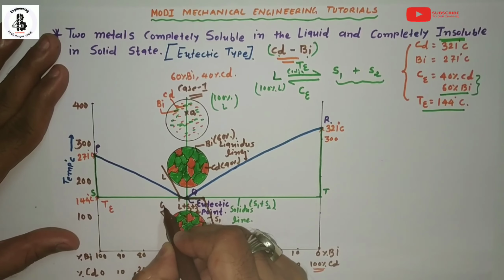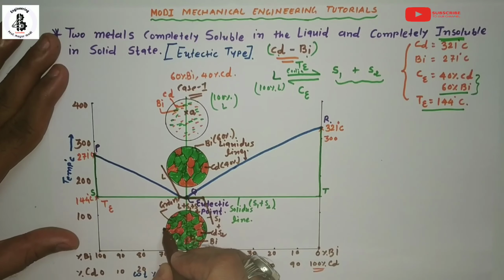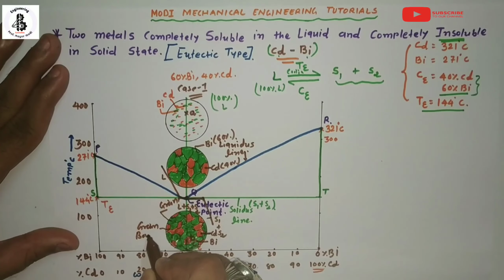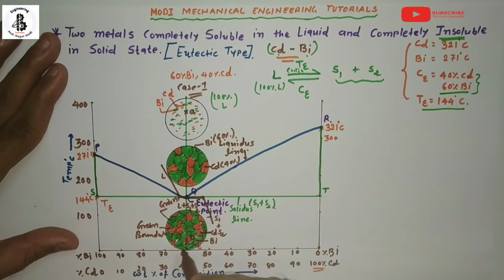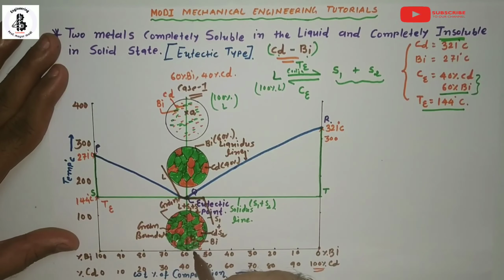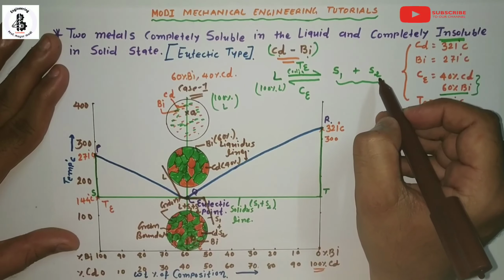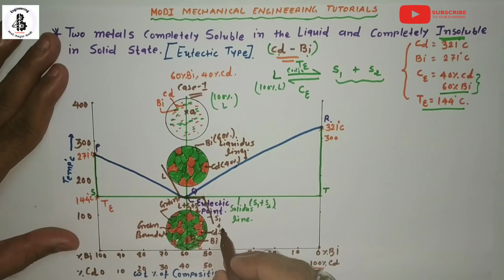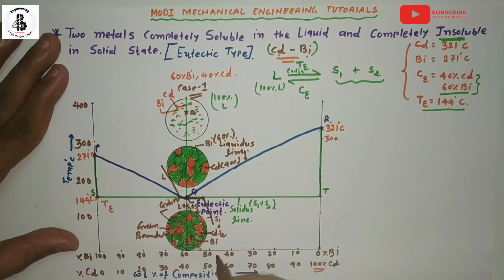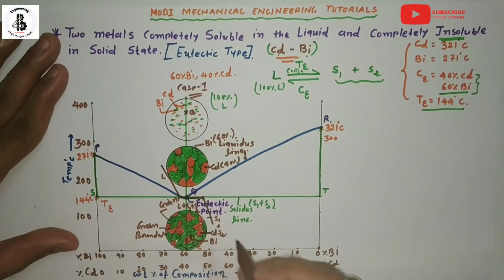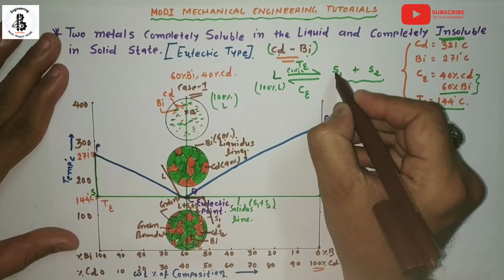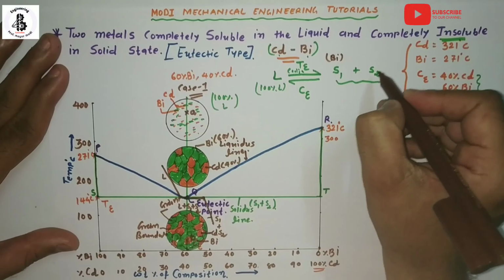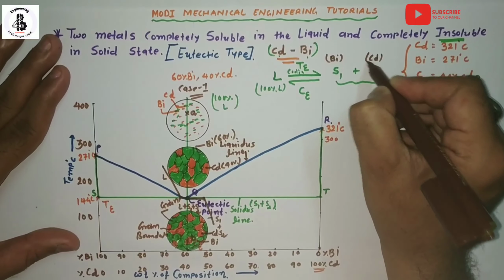So it will have a grain, and these black lines are the grain boundaries, and it forms two different solids, S1 and S2. Basically this S1 refers to bismuth, and this S2 refers to cadmium. So you can note down S1 is bismuth and S2 is cadmium.